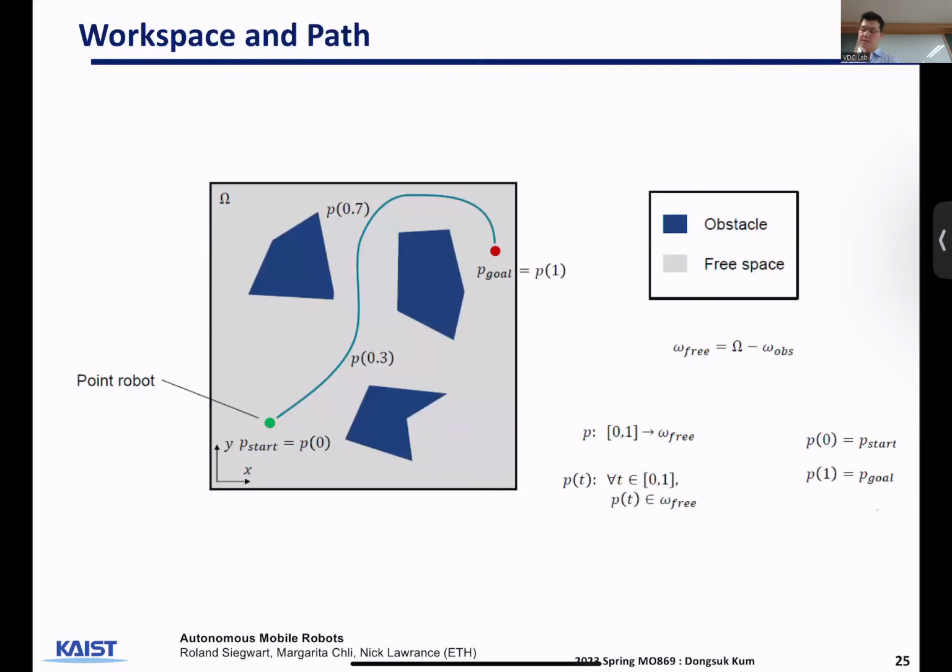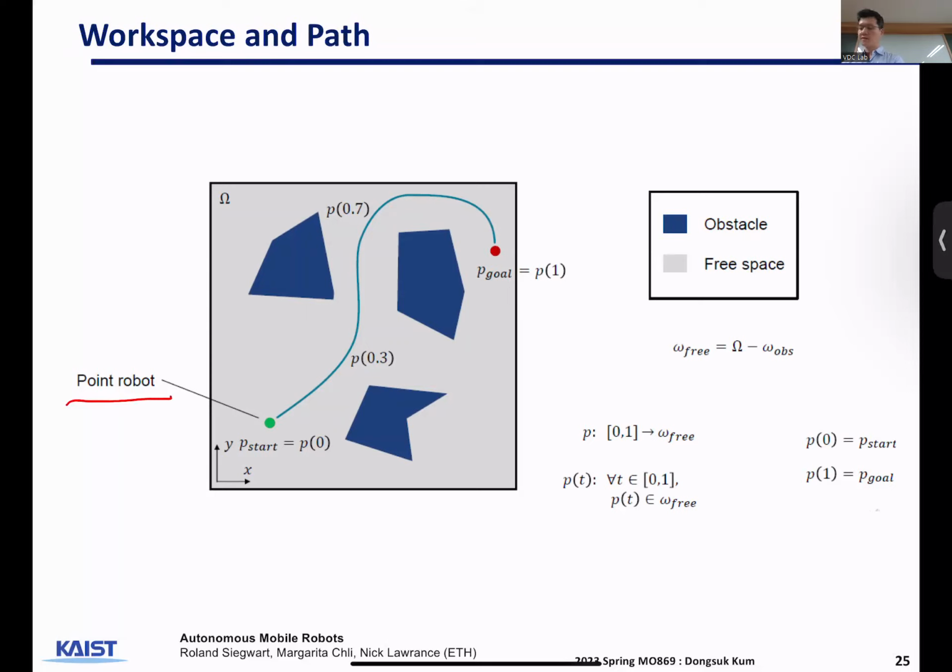Here's an illustration showing workspace and path. Let's say we have this world or workspace, and then there are obstacles in that workspace, which are noted with blue colors. And then there's free space with gray color. And then we have a robot. Here, in this case, it's a point robot.